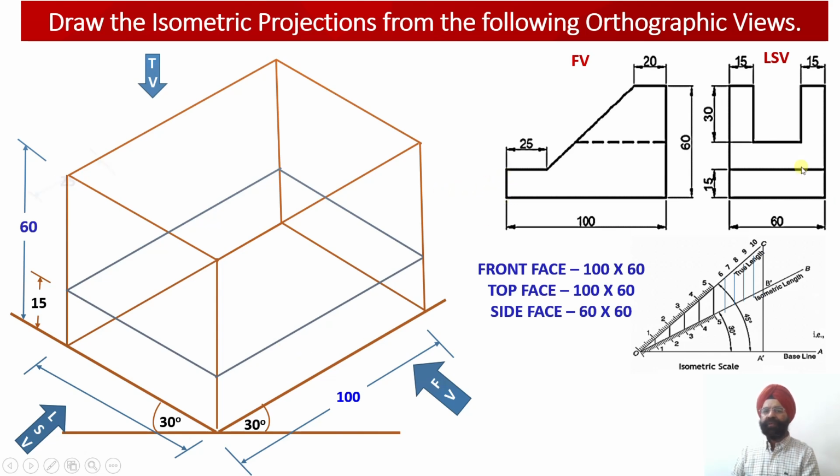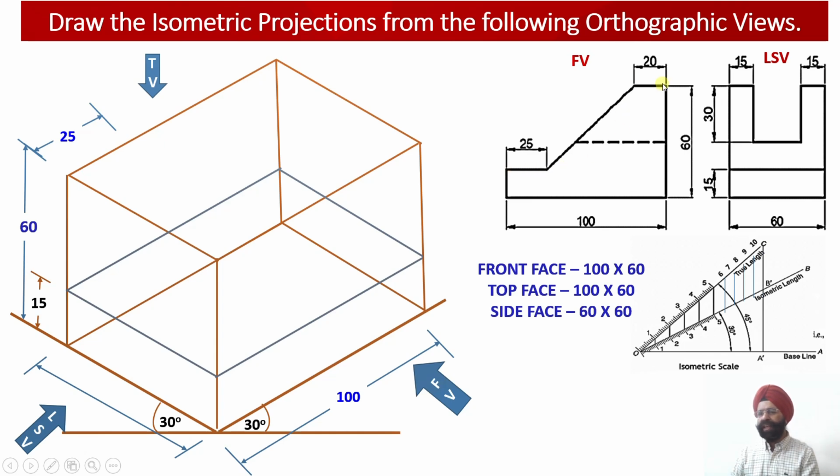Now we have to start with element number 2. Once we start with element number 2, two things will be required. The first thing is that element number 2's starting point is 20 millimeter from the rear end. So this will be our flat surface, and this will be the starting point of this inclined surface. Second, the inclined surface is going to end 25 millimeter from the front face.